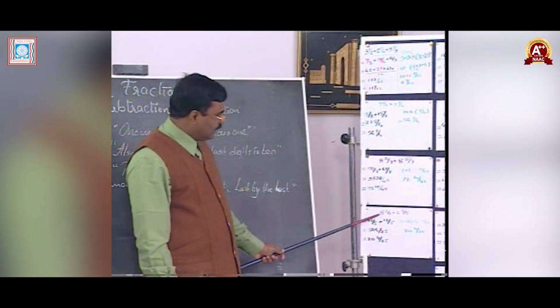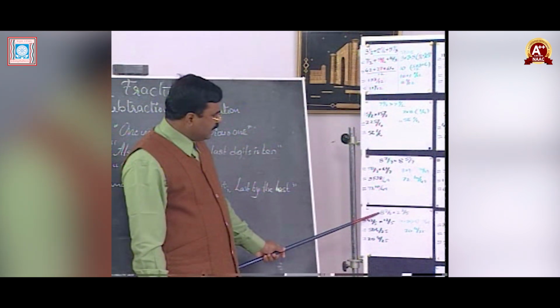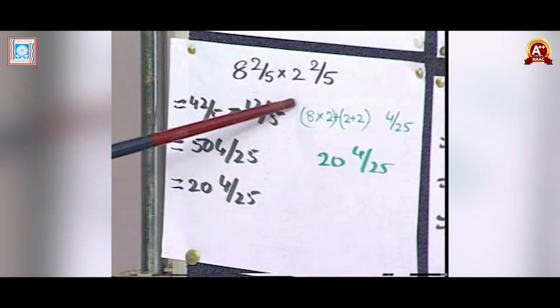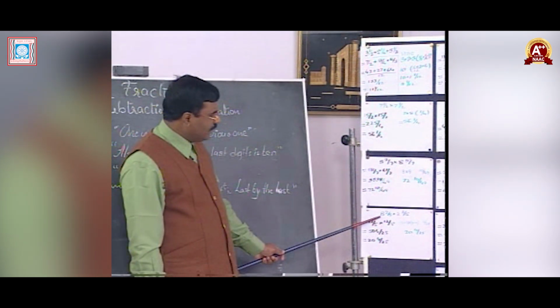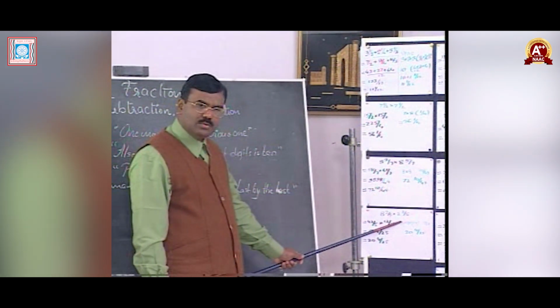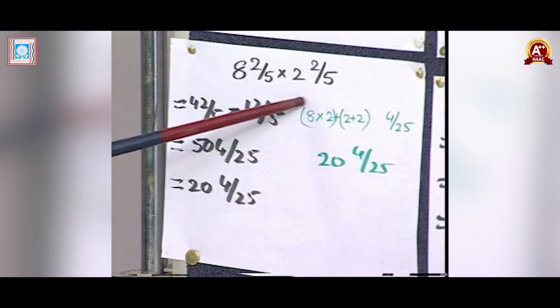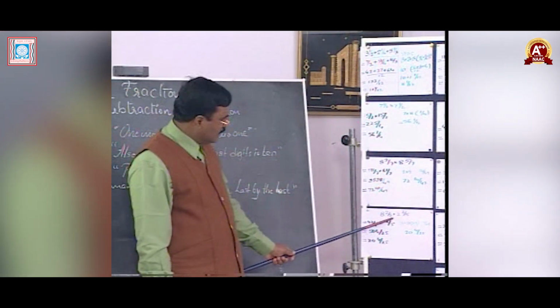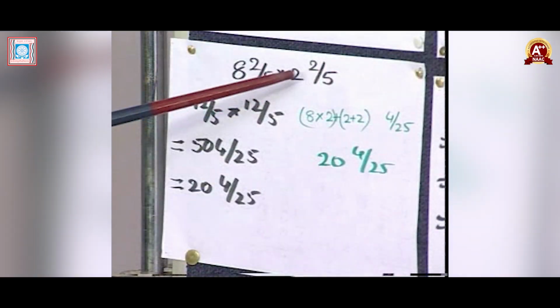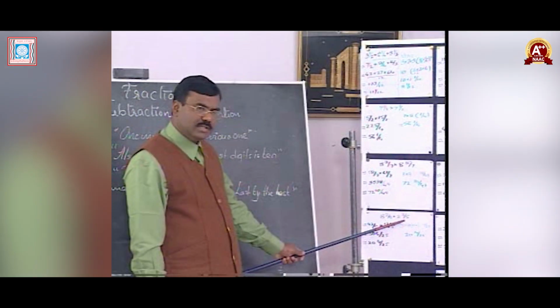In this example, there is 8 integer 2 by 5 multiplied by 2 integer 2 by 5. 8 is the full value in the multiplicand, 2 is the full value of the multiplier. 8 plus 2 becomes 10, and the fractional value is 2 by 5 in both cases.